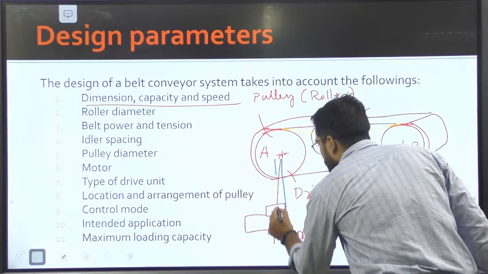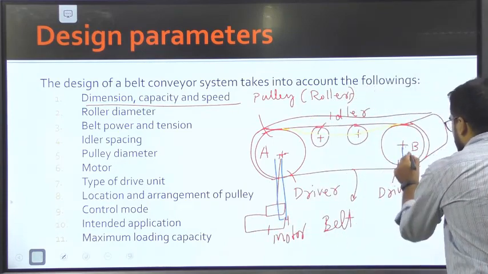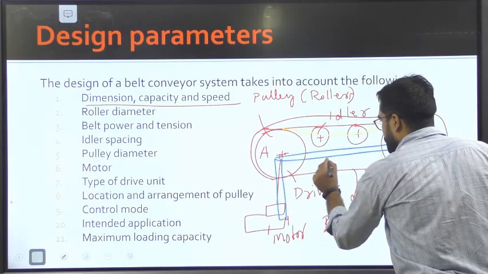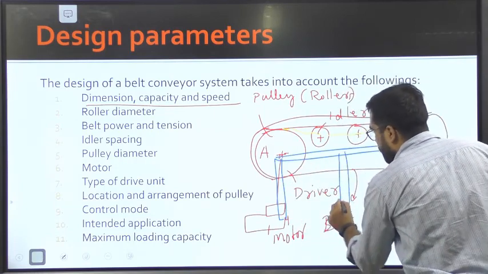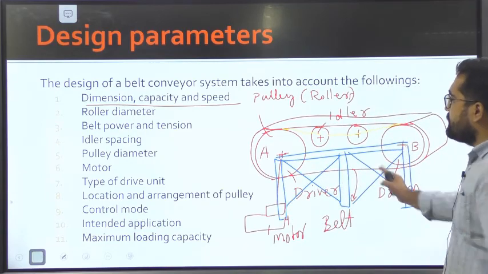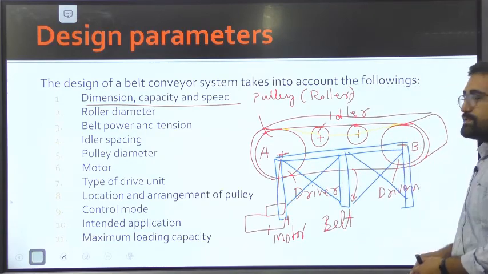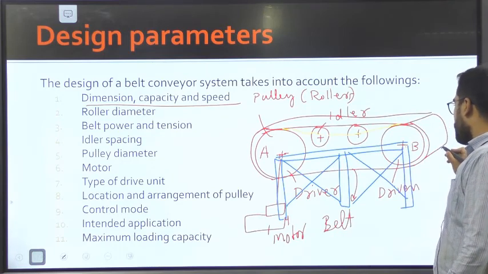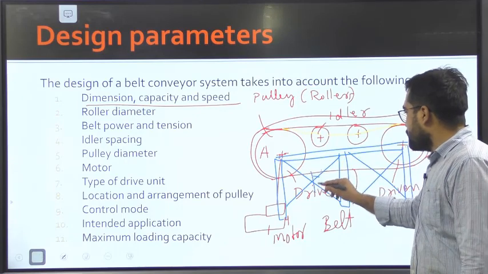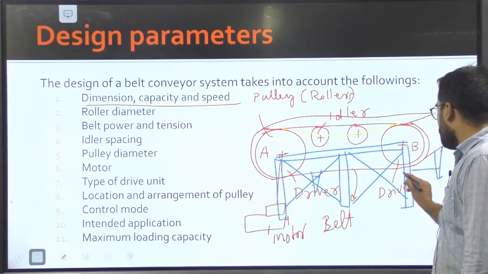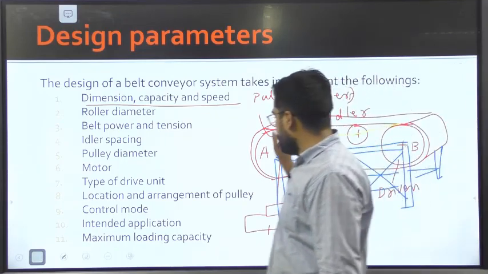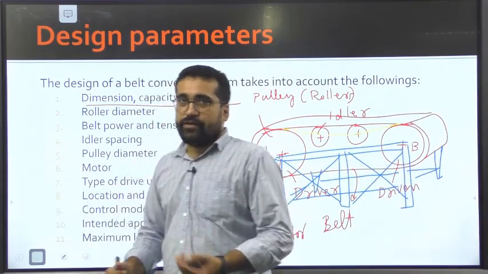Frames will be there, which again will come in belt conveyor design, so that this system can be kept on a table or on that frame, and it can work. So this is how a belt conveyor looks. Anyway, we will see the component parts further also.